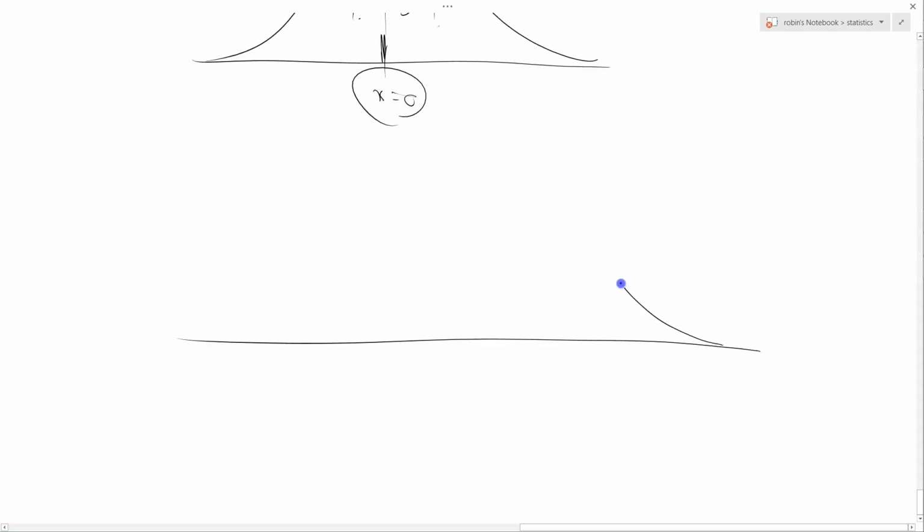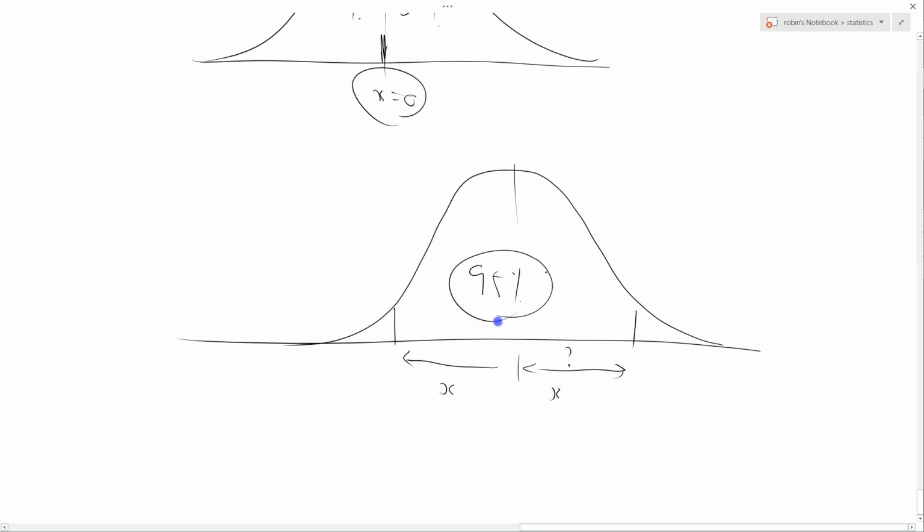Let's say that instead of finding a one-sided value, I want to cut off two values here at this distance, and I don't know what that distance is. I'm going to call it x, and that's going to be x as well. And I want 95% to be in here. That region there has got to be 95%. I'm trying to shade it in neatly, but not doing very well.